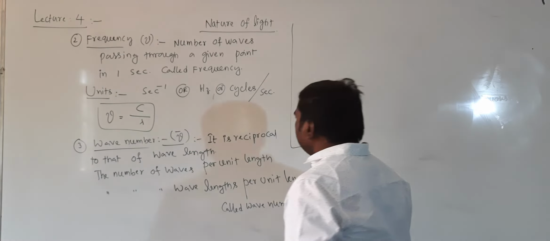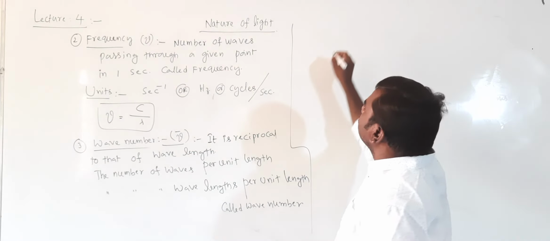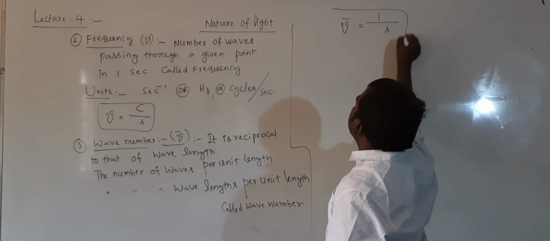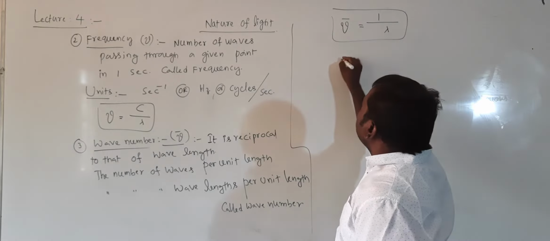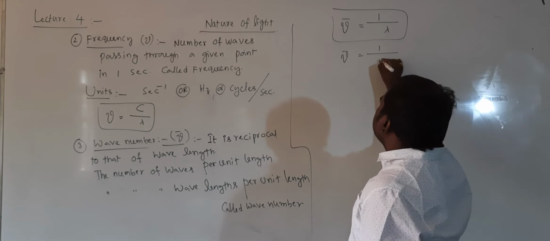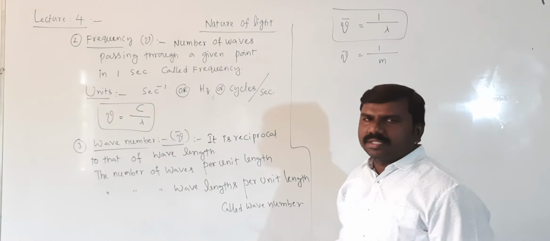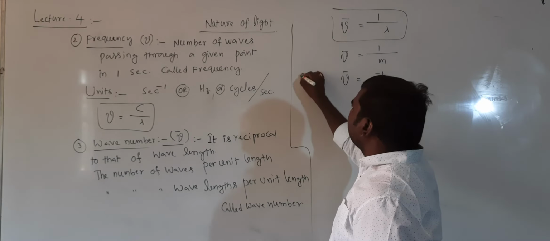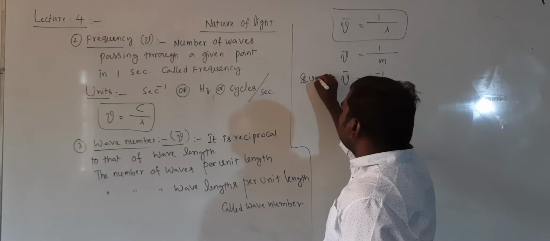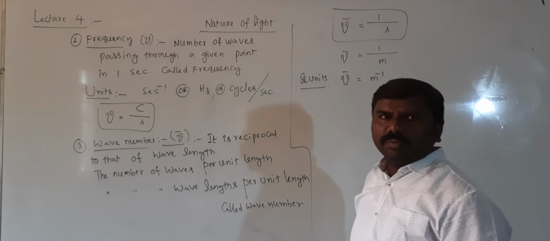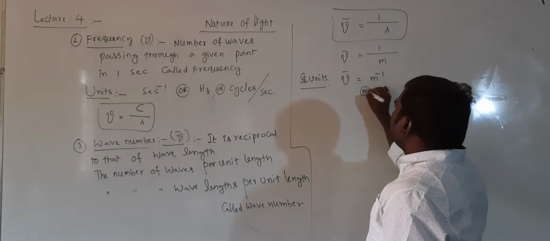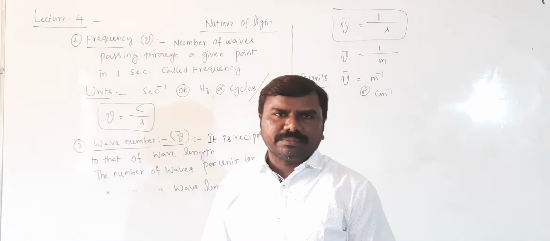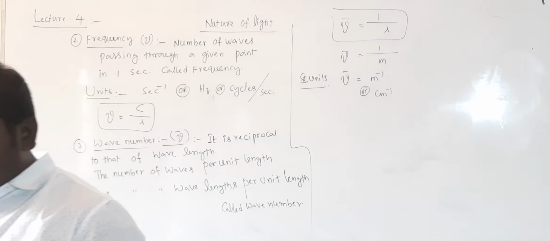Wave number is inversely proportional to wavelength. Nu bar equals 1 by lambda. This is the formula. If wavelength is in meters, then the SI units of wave number are meter inverse. You can take other units also, centimeter inverse. This is wave number.